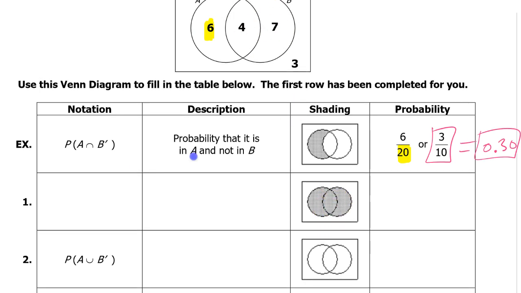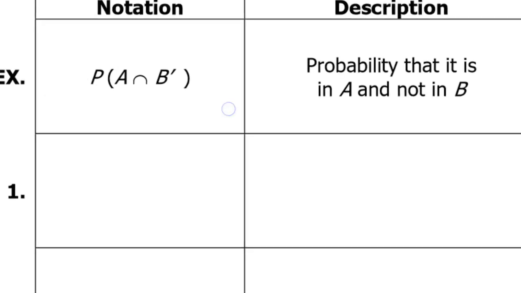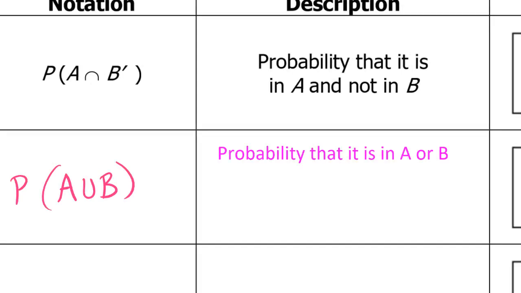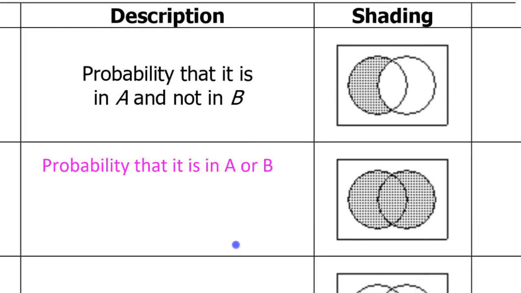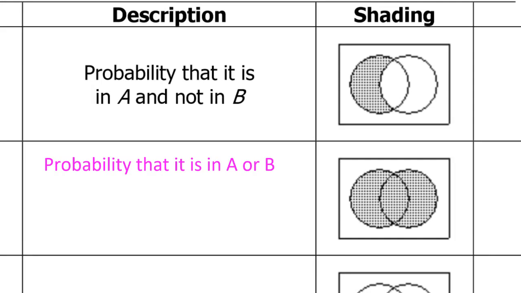So this is going to be A or B, which would be written like this: A union B. So we're going to talk about the probability of that. So that's the probability that it is in A or B. Now let's do the calculation.